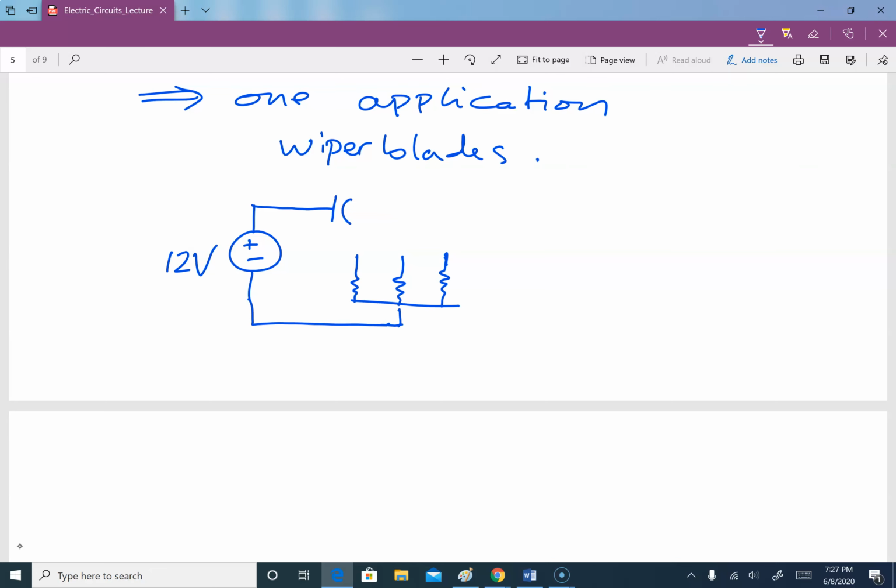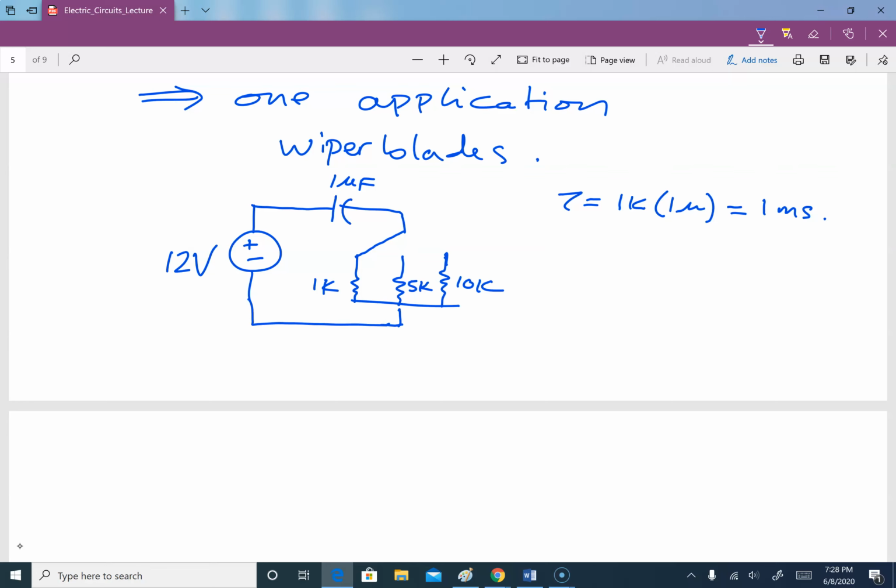If you can see, for example, this is 1K, this is 5K, and this is 10K. Now, if I have that connected to this, and let's say this is 1 microfarad, then our tau in this case is equal to 1K times 1 micro, which is 1 millisecond.